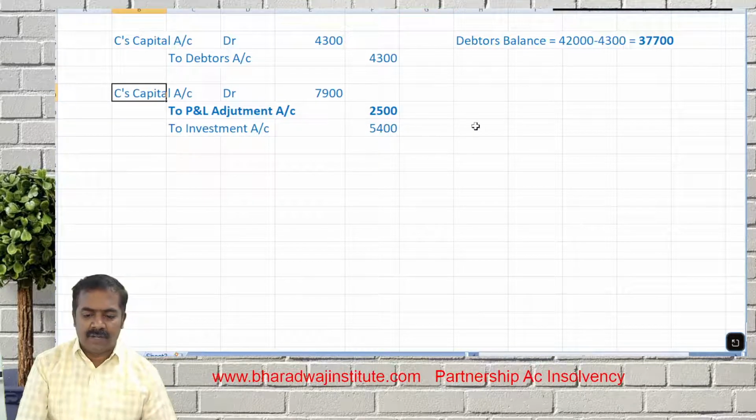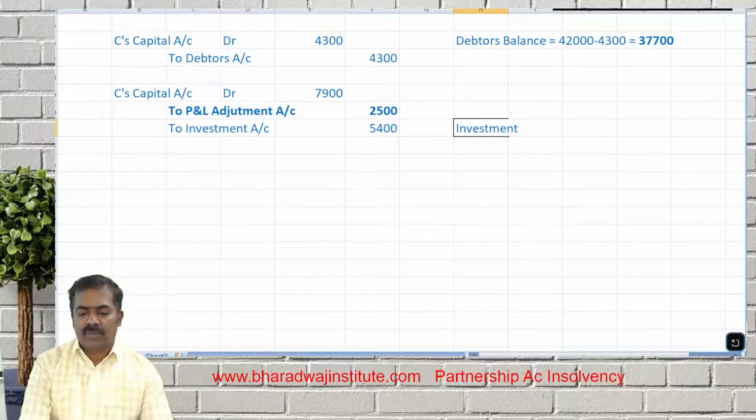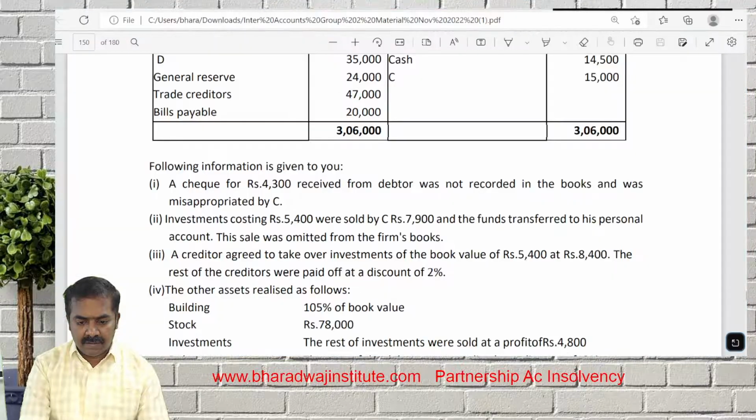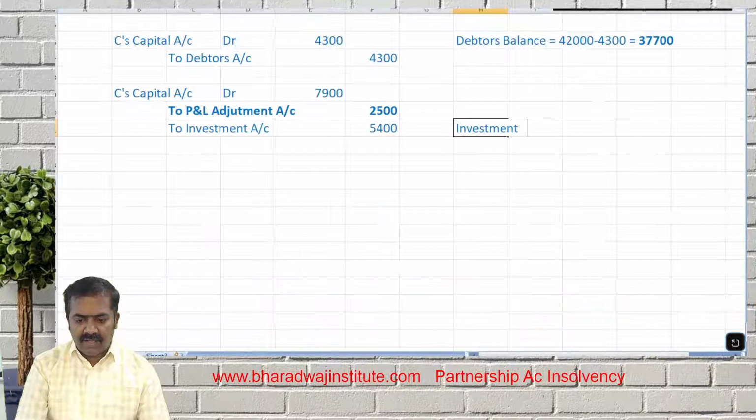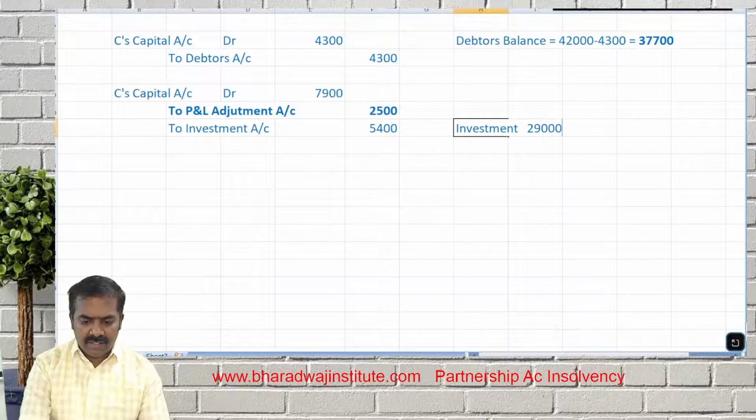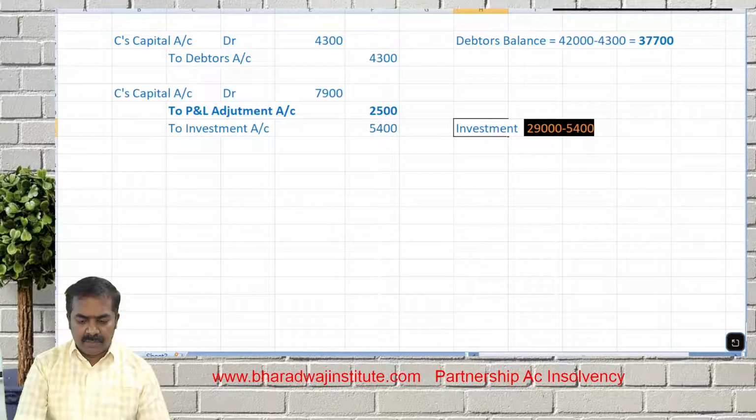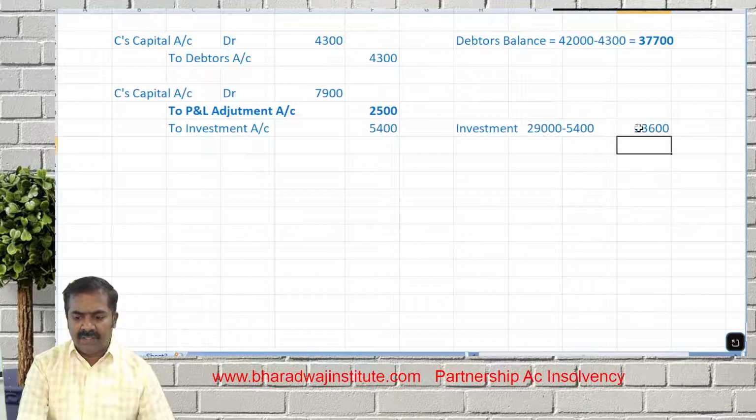Now, what will be the impact on the investment value in the balance sheet? 29,000 minus 5,400 will be the real book value of the investment.